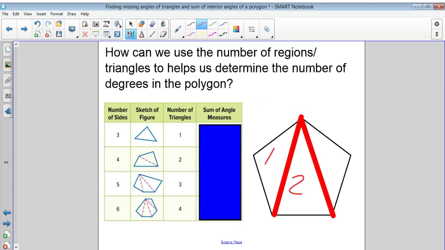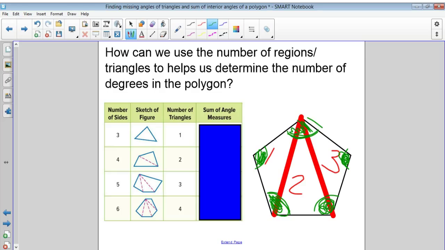Most importantly, all the triangles' angles end up being the angles of the entire polygon. Here, these 3 angles make up this whole angle for the pentagon. This angle makes up that whole angle. These 2 make up that whole angle. These 2 make up that entire angle, and this makes up that entire angle. So that's the 5 angles of the pentagon. There are no other angles missing.